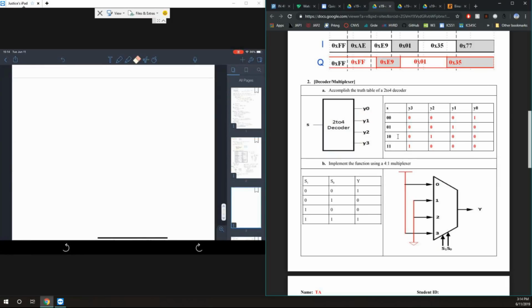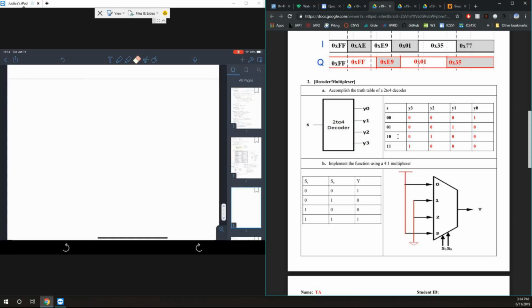So the question, you understand part A though? Okay, cool. It says S1, S0, and then a Y. So we know Y is our output, right?